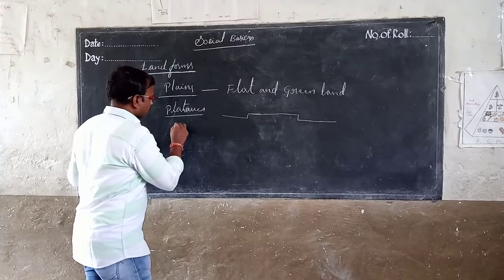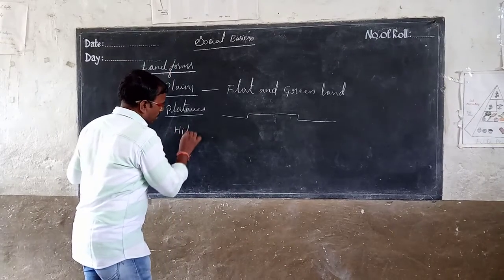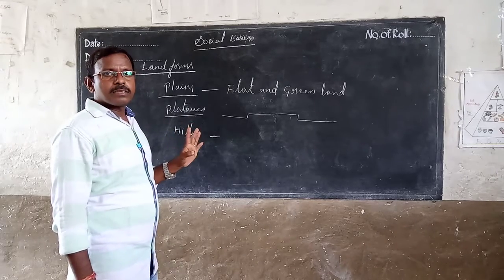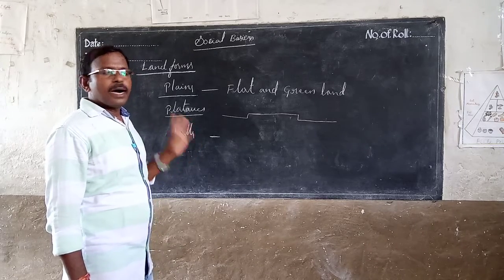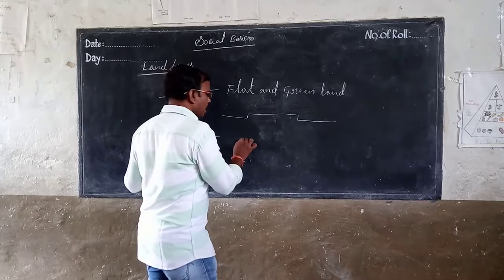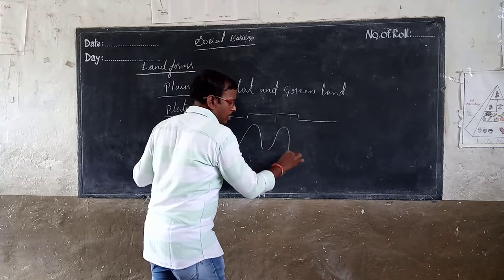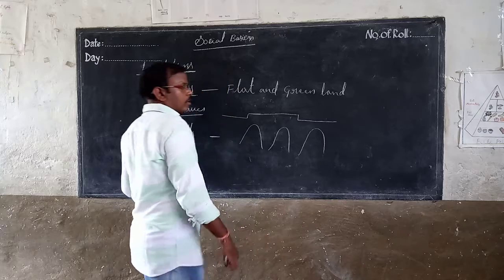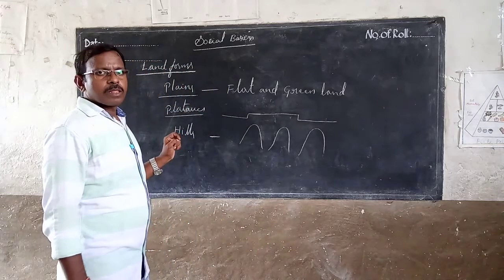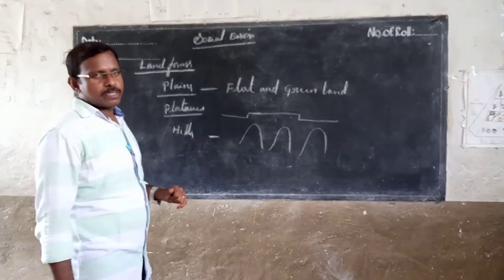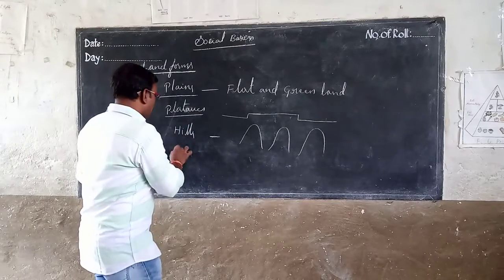Next, hills. Hills are the higher lands on the earth's surface. Okay. Next, mountains.